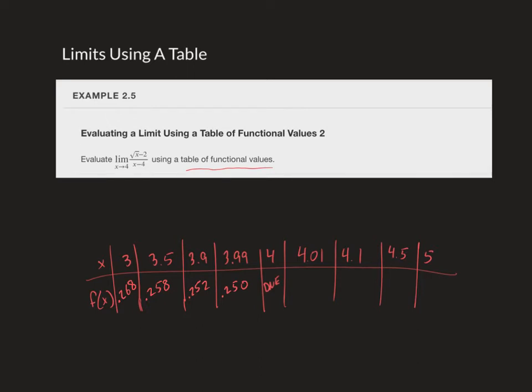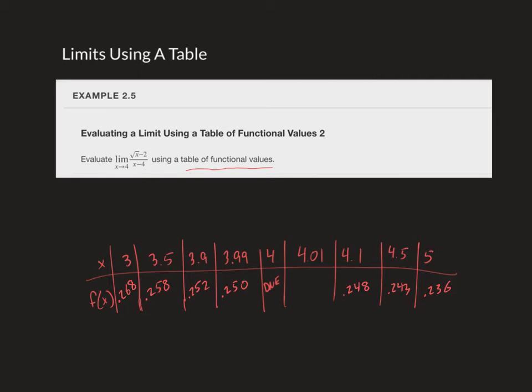Now let's see what happens when we start above. I'm going to plug in 5 first. And when I do that, I get 0.236. Substitute 4.5, and I get 0.243. Substitute 4.1, and I got 0.248.